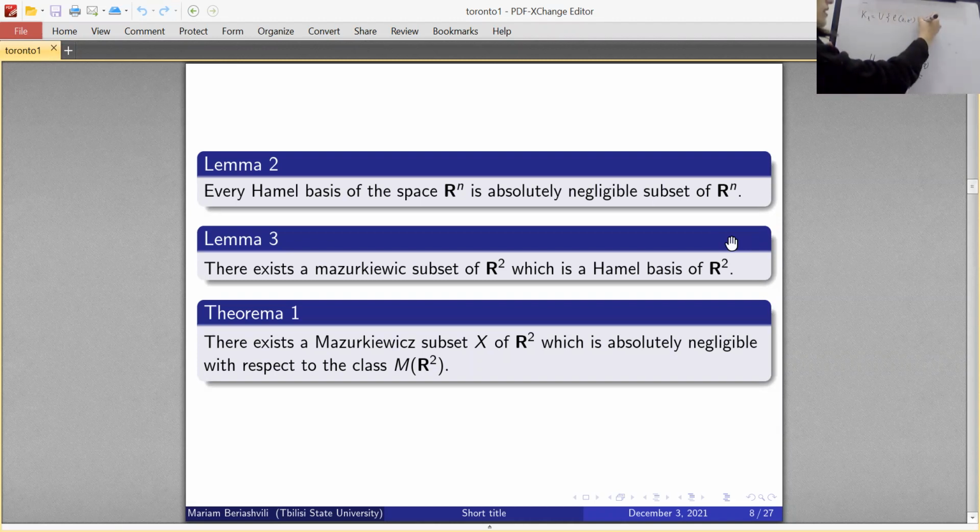This set will be in like C, and also Z prime will be in like C, and they are not equal.